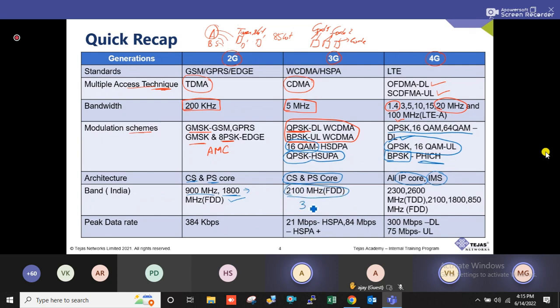That's why 3G coverage will be less than the 2G coverage area. Similarly, as and when you increase the frequency, the coverage reduces.